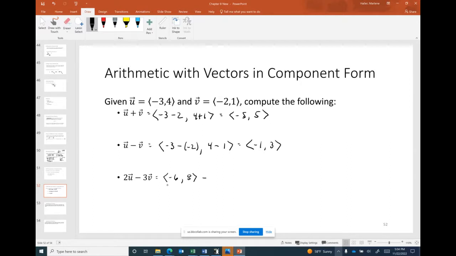And I want to subtract 3v from that. So 3 times -2 is -6, and then 3 times 1 is just 3.